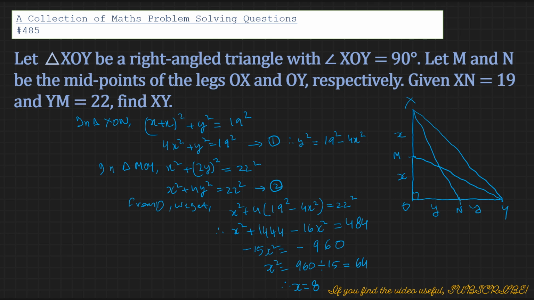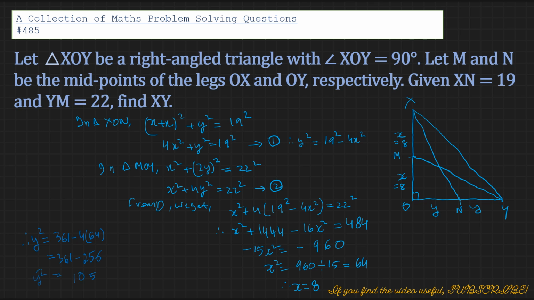So once we know x is 8, we can find what y square is. Therefore y square is 361 minus 4 times 8 times 8, which is 64, so 361 minus 256, and that equals 105.